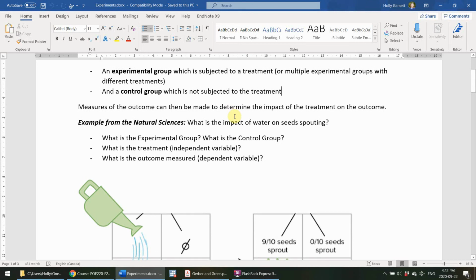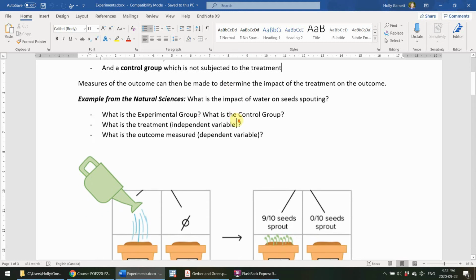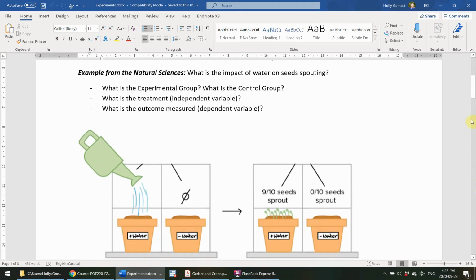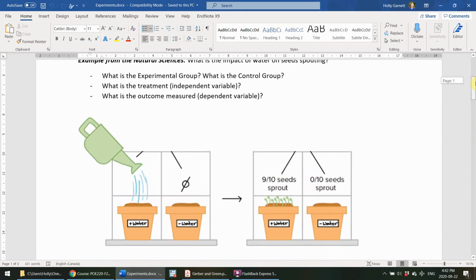So what is the impact of water on a seed sprouting? Okay, so let's take a look here in our lovely little picture. Which one is the experimental group and which one is the control group? Obviously the experimental group is the group that gets water. The control group does not get any water.